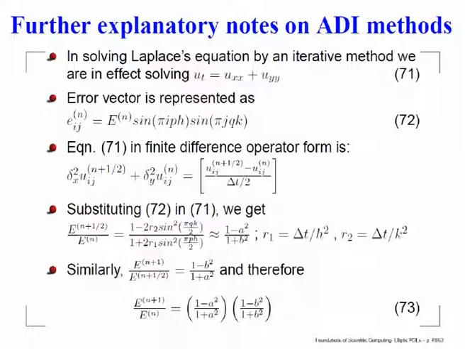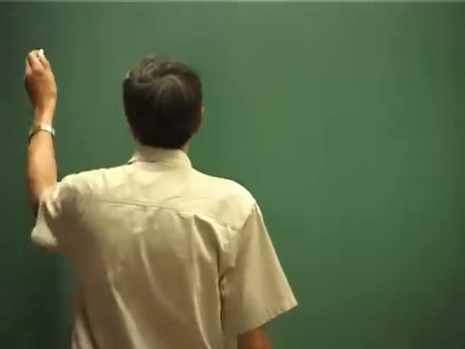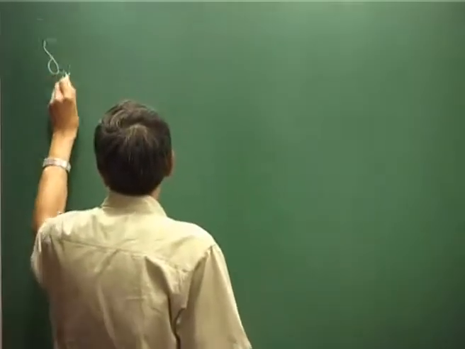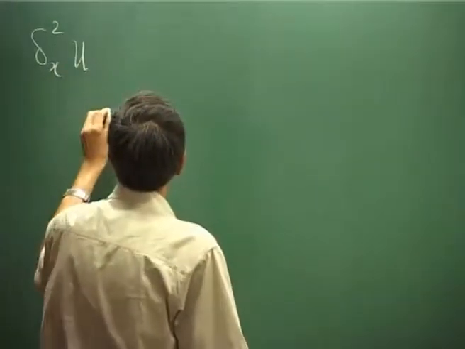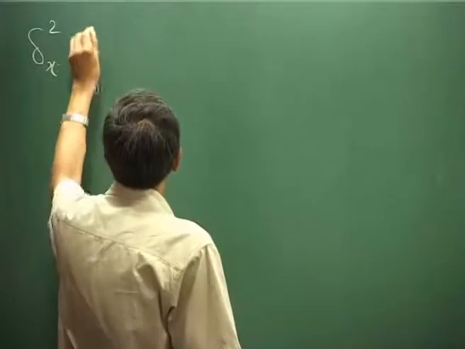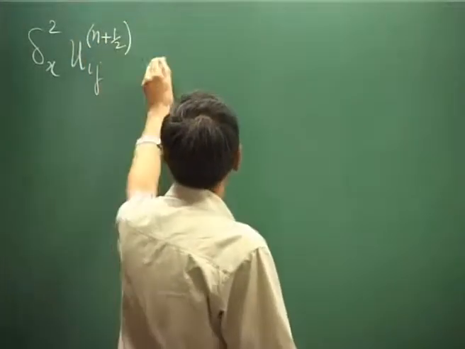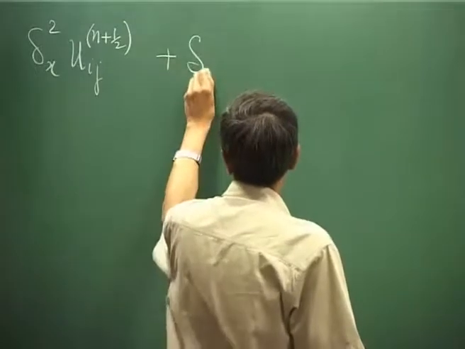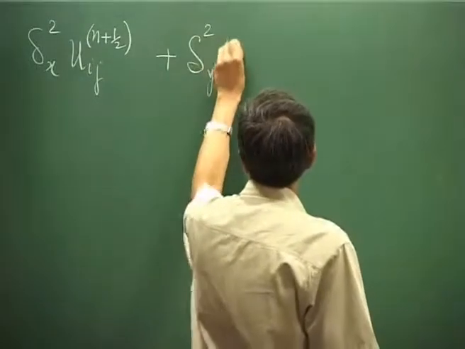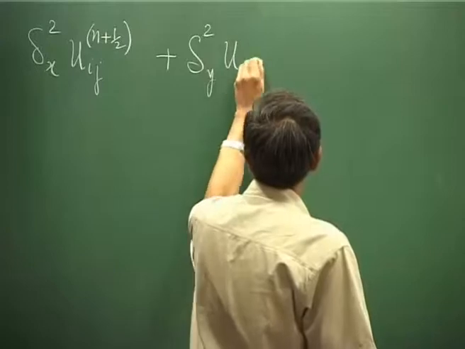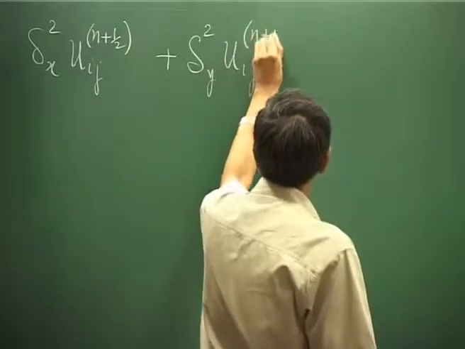However, in the next half step, you would be doing something like this: delta x square u and j. We will take it as the previous step, but now we are going to do the next half step that will be taking us to the end of the step.